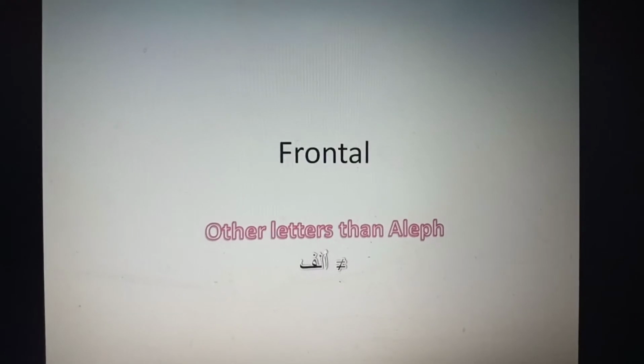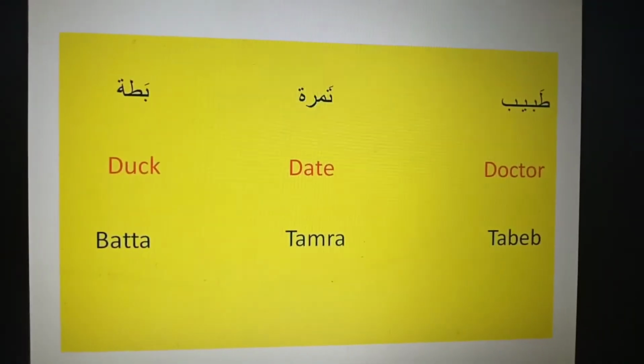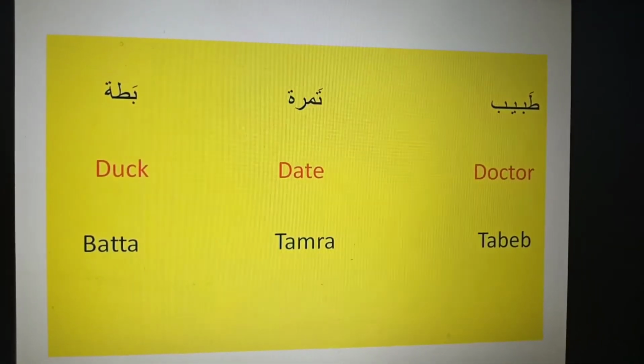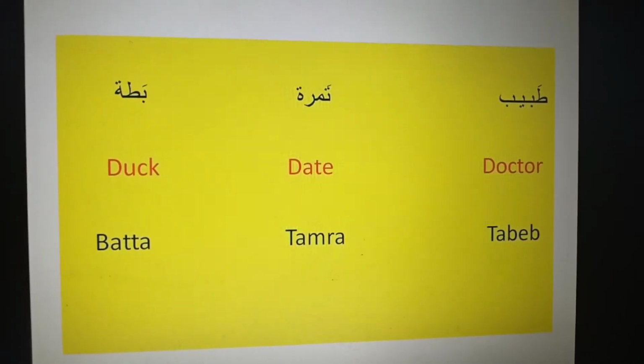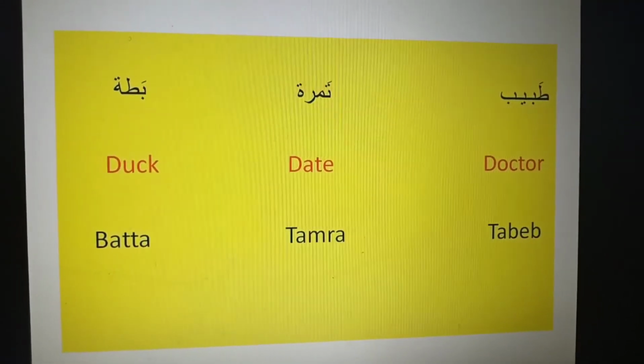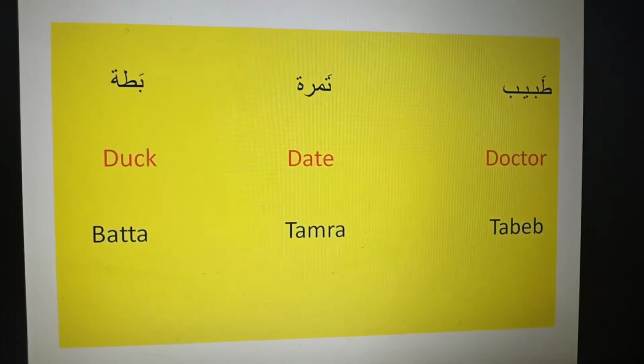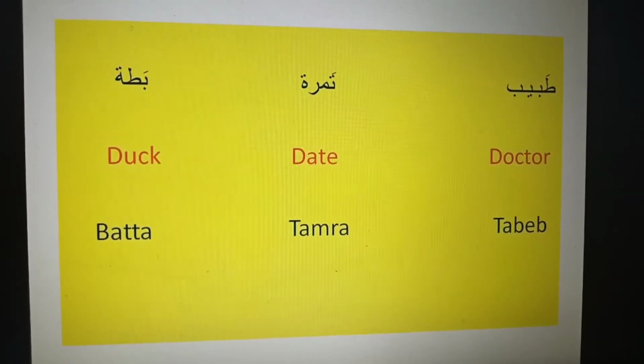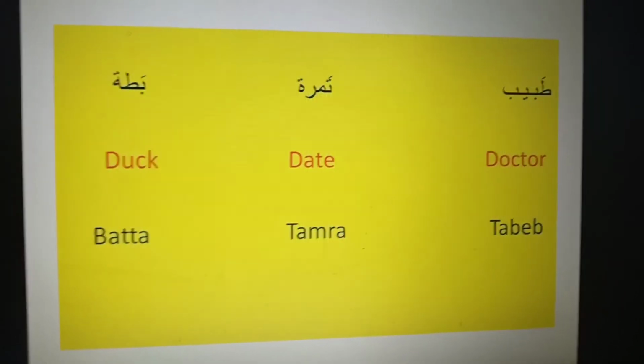So let's take some examples for that. We have 3 examples: tabib, tamra, and batta. Tabib means doctor, and tamra means date, and batta means duck.